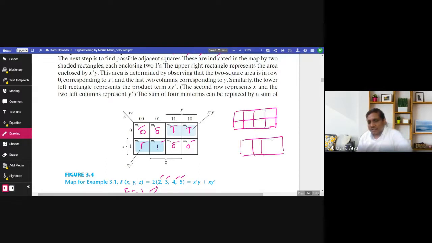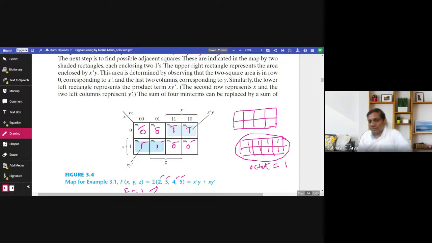The maximum possible number of ones is 8. The highest priority is that if all cells are filled, we make a group of 8 ones, that is called an octet, and it gives logic 1. If this is the case, we have to check priority wise.